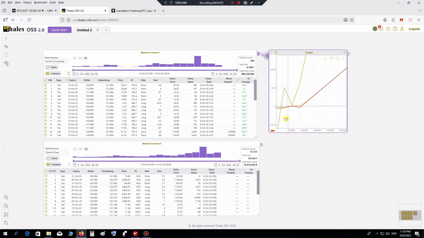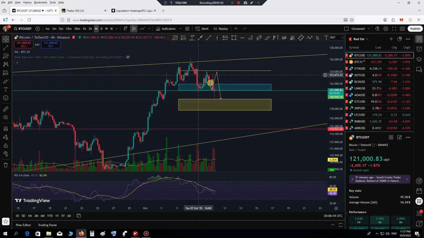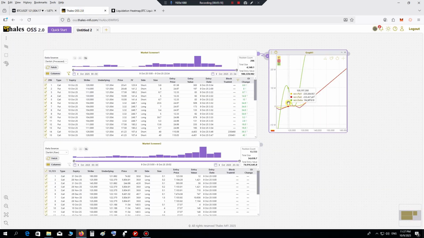If we zoom in, we're here right now, and technically, the price has also moved downward. We're in a downtrend. So, according to the trend, we can go down to this lower peak, which is around 119,000. Why? Because here, as the price decreases, delta increases, and as the price increases, delta decreases.